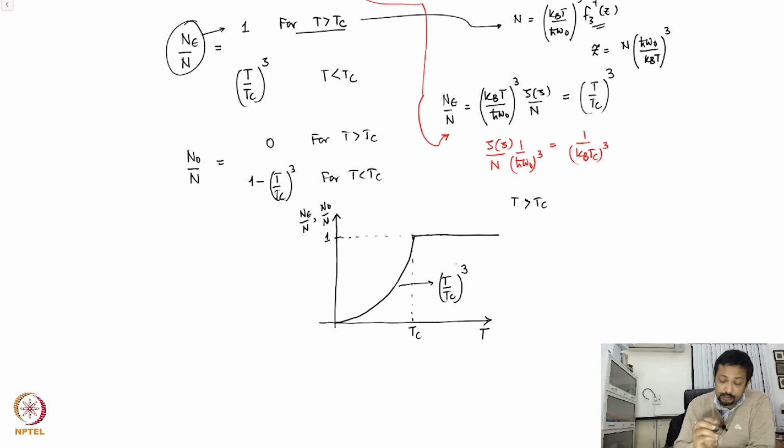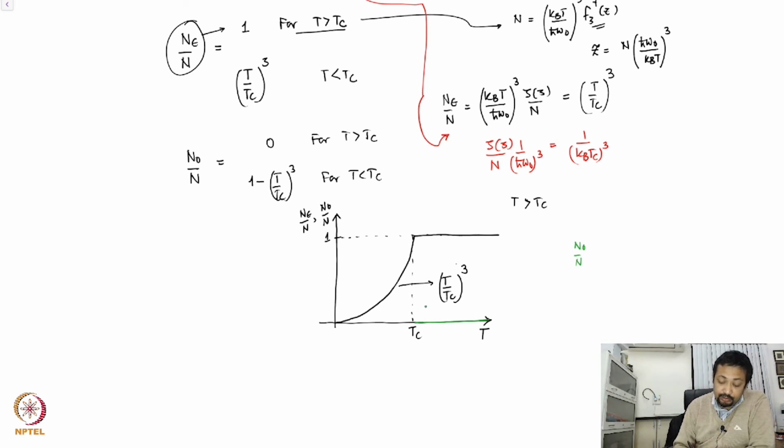In contrast, the fraction N0 over N, the number of particles populating the ground state, is 0 for all temperatures above Tc, because you can accommodate these particles in the excited states.